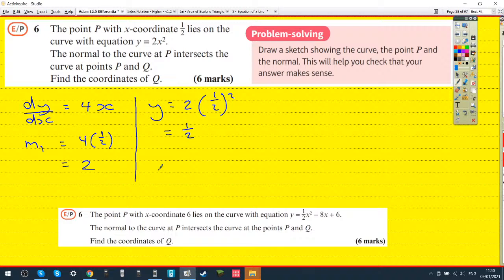We want the normal, not the tangent. The reciprocal, so it's minus a half. Times a half plus c. Are they serious? Okay. All the halves.